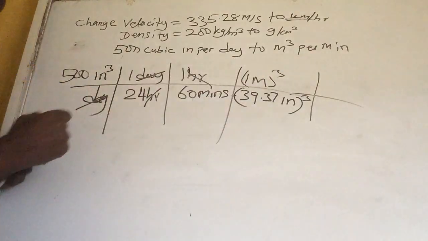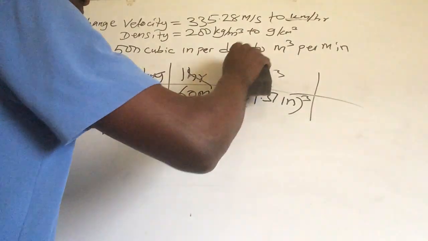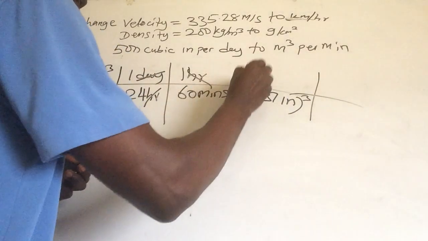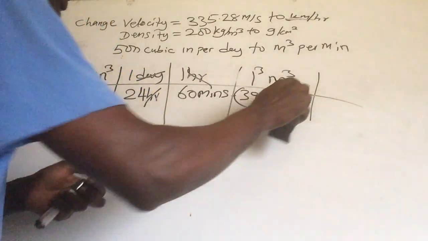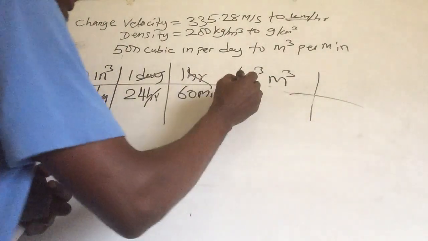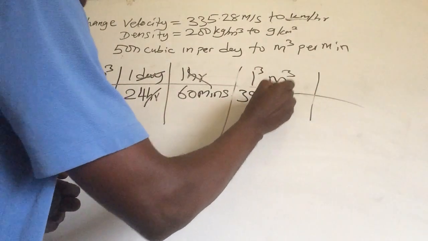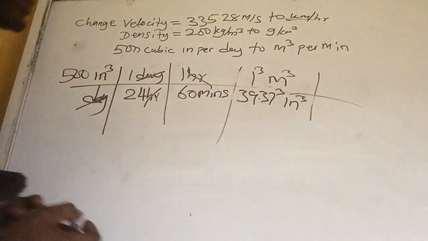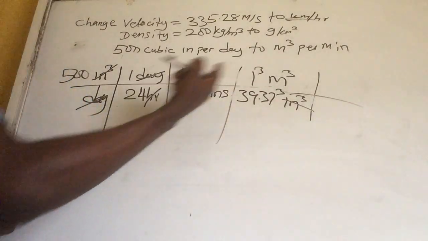Now when you open this bracket like what I did before, you now have 1 cube and meter cube. When you open this bracket here, you now have 39.37 cube and inch cube, so that this cube cancels cube here. So I have this now.